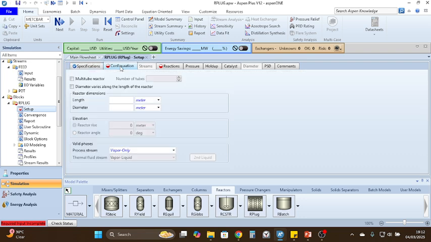Next is our configuration. Over here, we have only a single reactor. If we selected a multi-tube reactor, then we would have to specify the number of tubes, and if it is said that the diameter varies along the length of the reactor, then in our case it is not happening. So we are going to select only this reactor dimensions.